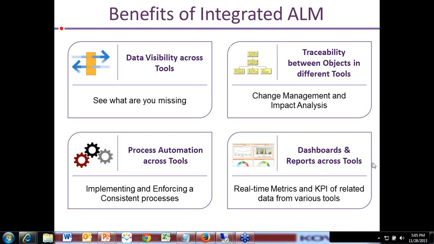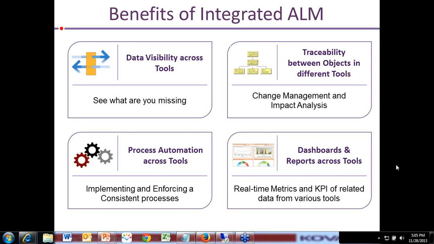And the last point, but the most important one, is dashboards and reports across tools. In a platform where it's not integrated, it's very difficult to get an aggregated report which consists of all the data coming in from different tools.